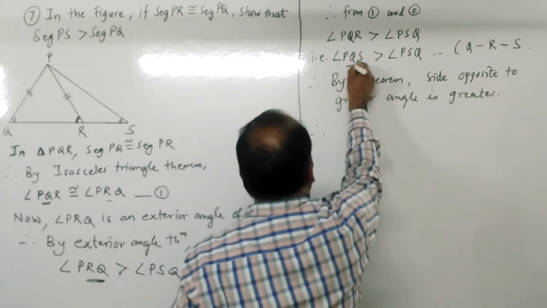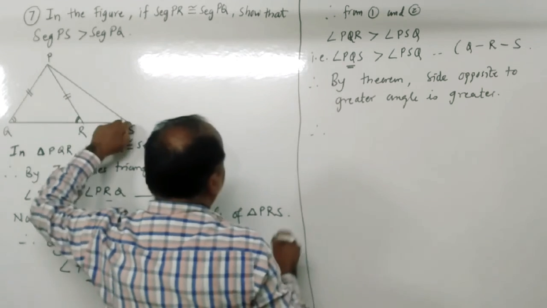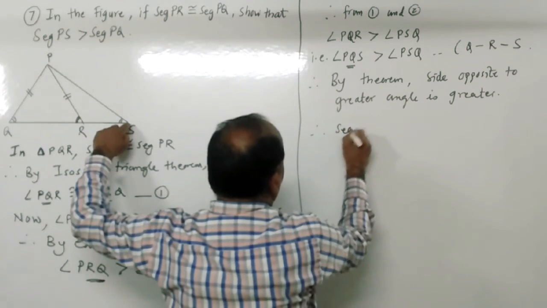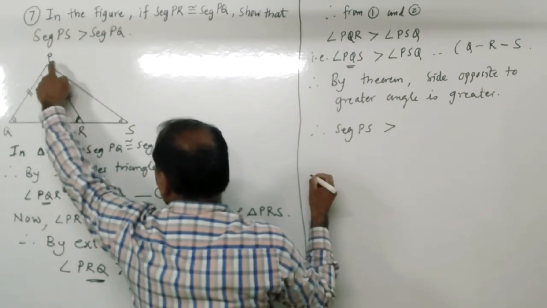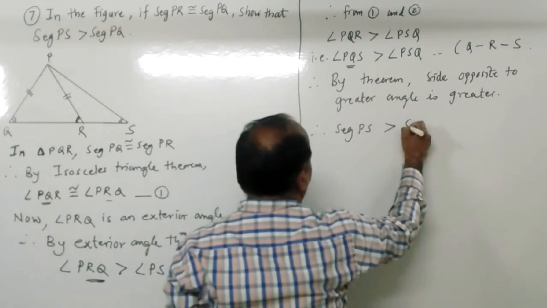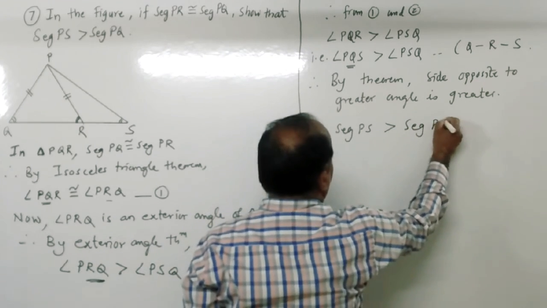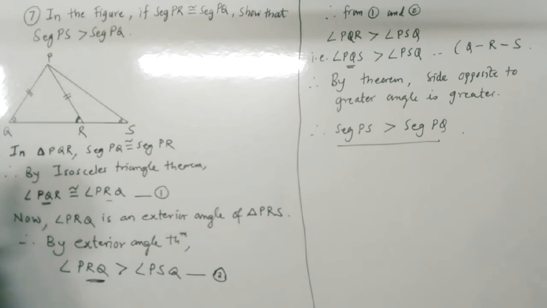Therefore, the side opposite to angle PQS, segment PS, is greater than the side opposite to angle PSQ, segment PQ. Hence, we have proved it.